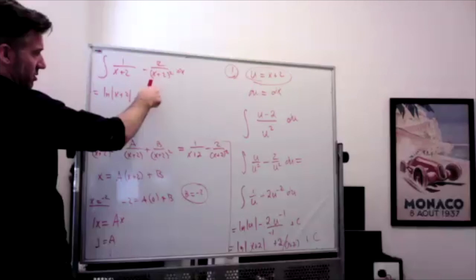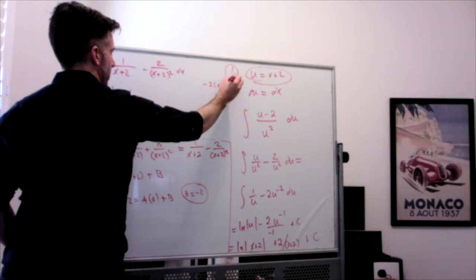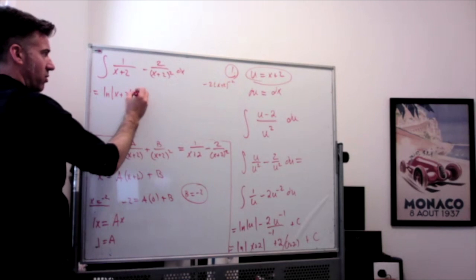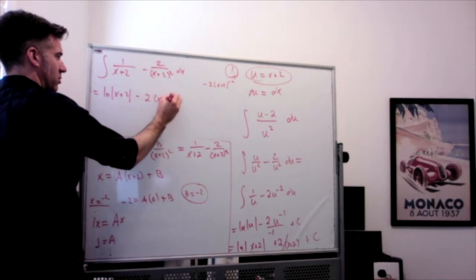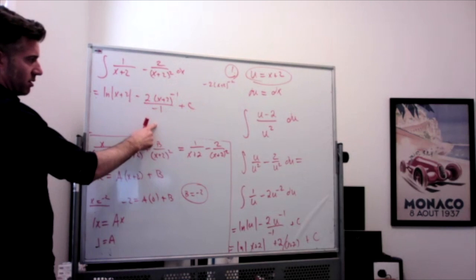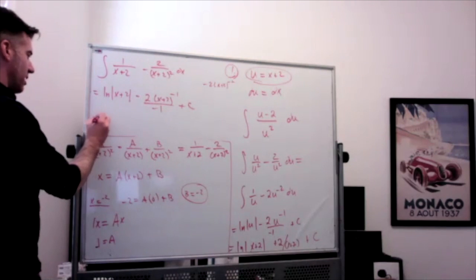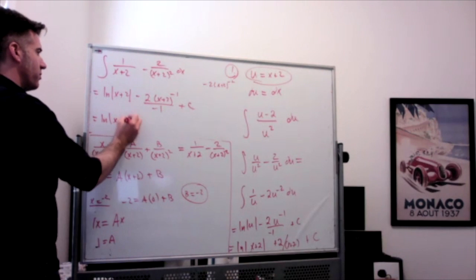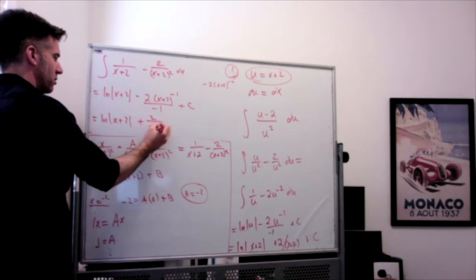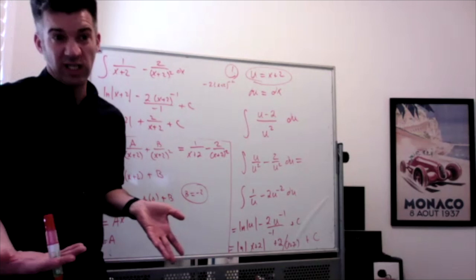Integral of minus 2 over x plus 2 squared, well, that's minus 2 times x plus 2 to the negative second. And using my power rule, I get minus 2 times x plus 2 to the negative first divided by negative 1. Those cancel and give you a plus 2. That's exactly what I have here. So this is the natural log of the absolute value of x plus 2 plus 2 over x plus 2 plus c.